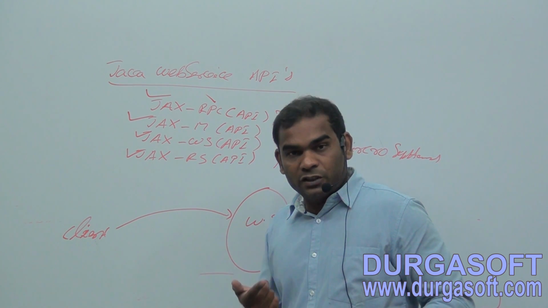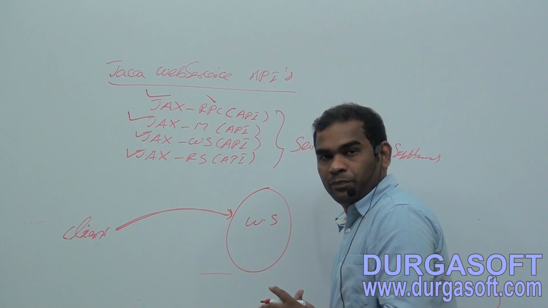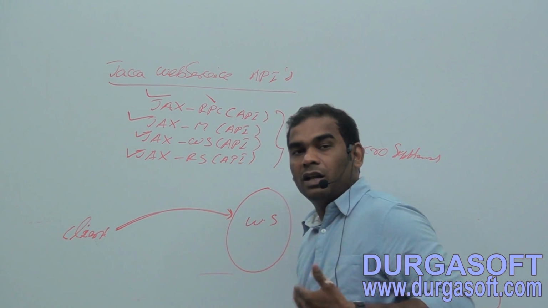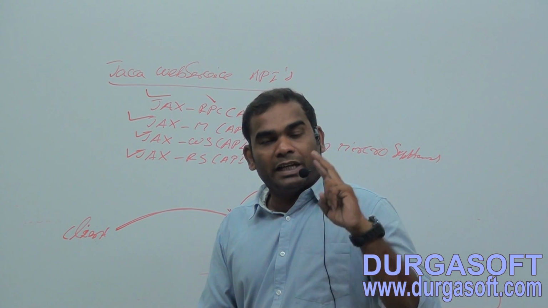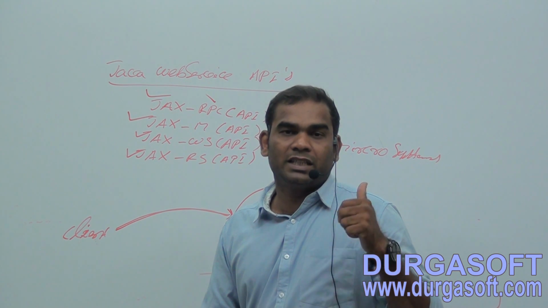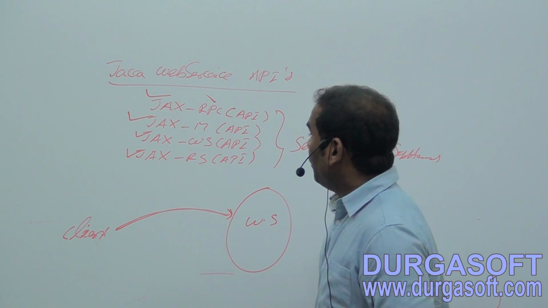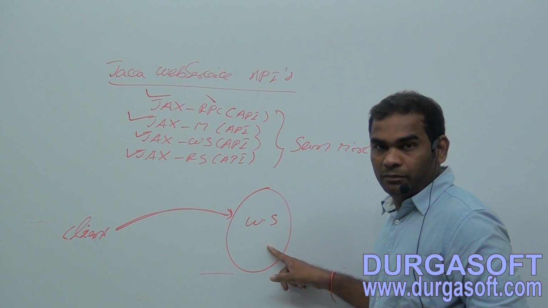And a synchronous web service is, when our client makes a request to the web service, if the web service provides an immediate response to the client, that is called a synchronous web service. So here we can develop 2 types of web services. One is asynchronous and the second one is synchronous. To develop asynchronous web services, we will use the JAXM API.